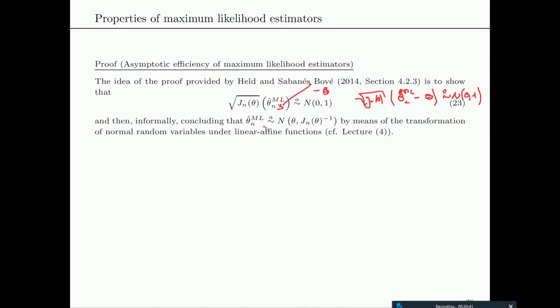And then what you can do informally is, of course, if this holds asymptotically, which I need to correct in the TeX version, then if you do a basically linear transformation, where you say, okay, if this is standard normal, then if I look at only this, my theta will be the expected value, and the square of my factor here, that was this A when we looked at linear transformation of Gaussians, will be the variance.